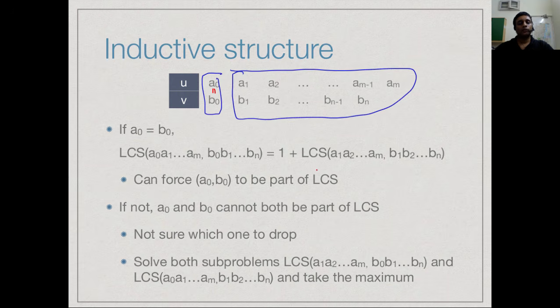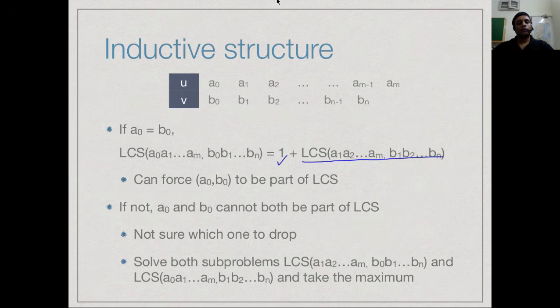So I should say that there is one match, A0 equal to B0, and then I must find the rest. This requires a little bit of an argument because it could be that this is not the optimum way to do it. Remember, this is a bit like a greedy thing. We are saying that because A0 is equal to B0, match it up and then proceed.